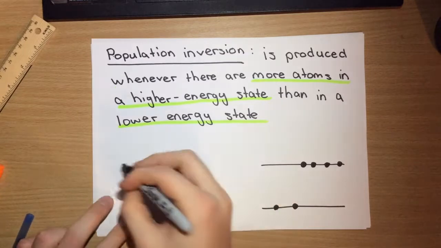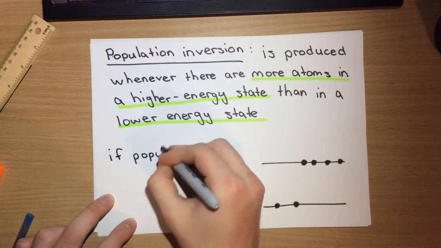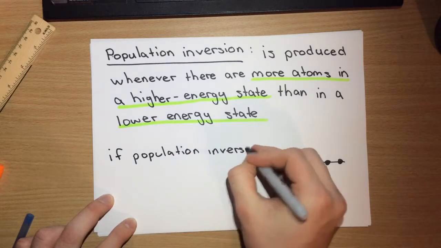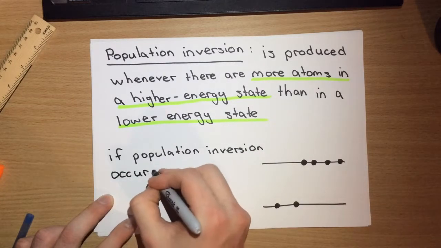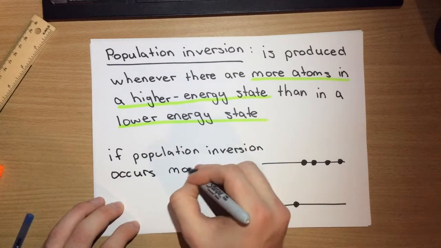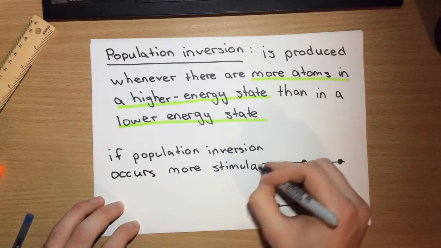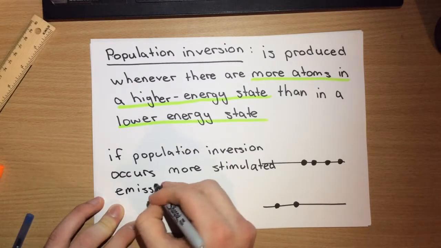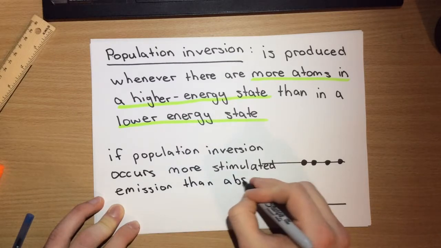Okay, so if population inversion occurs, what we are going to get is more stimulated emission than absorption.